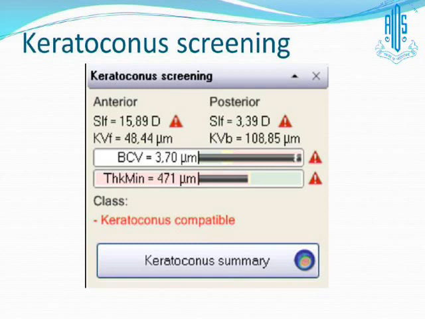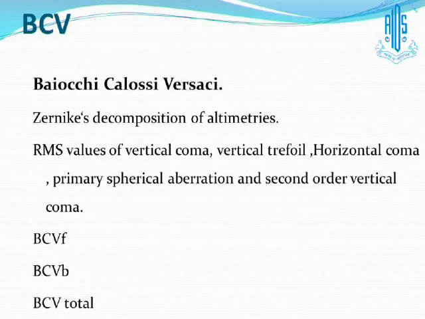These values, along with the thinnest portion of the cornea, the thickness of the cornea, are also included, and then based on that the classification is made. BCV basically stands for the three scientists who introduced this, for the front surface, for the back surface, and the average of these is also given.